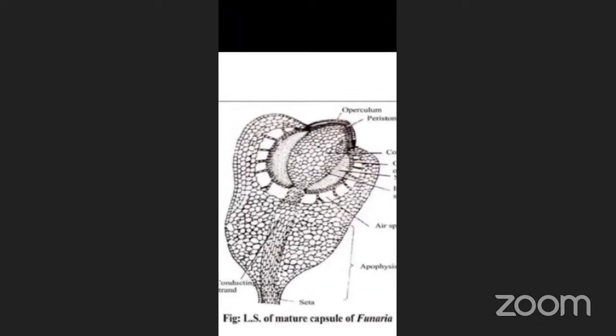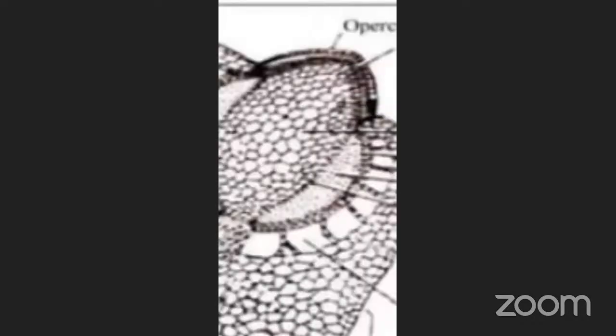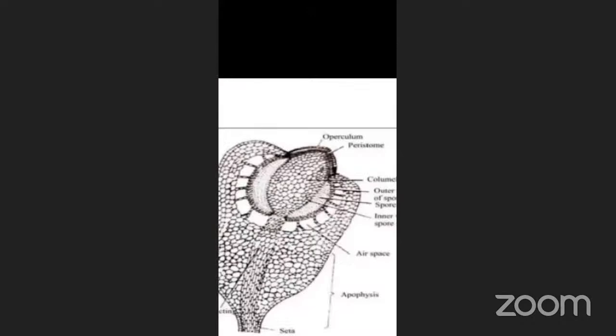Only the spores are in the spore sacs, and centrally one columella is there. See here, this is the columella. Spore sacs are only here and here. The remaining all is total sterile tissue, which is more.